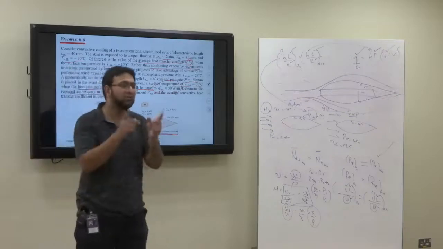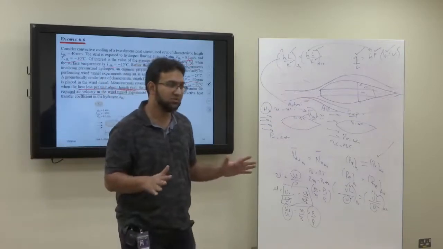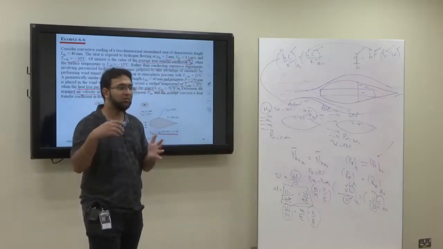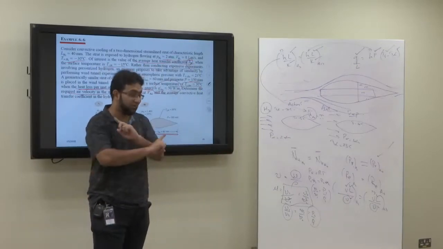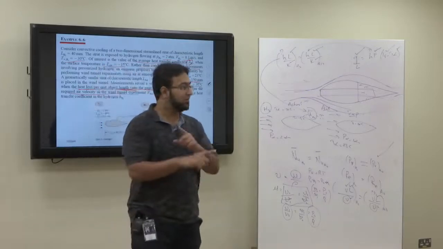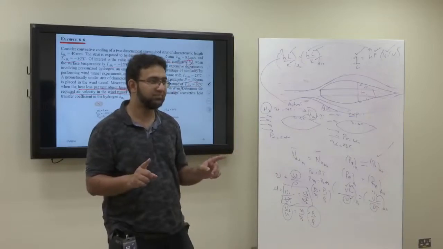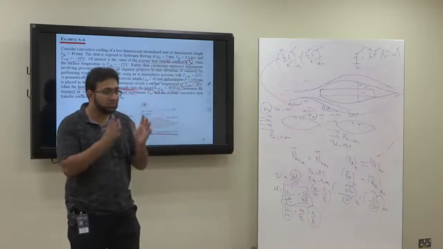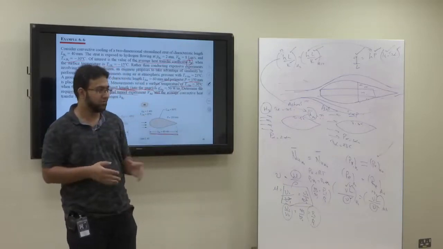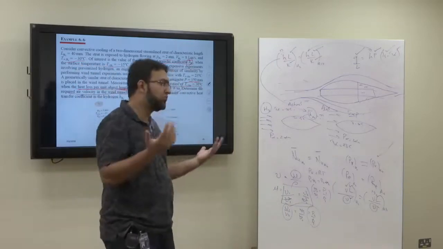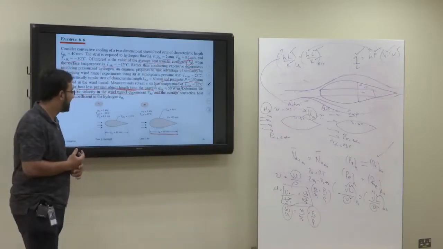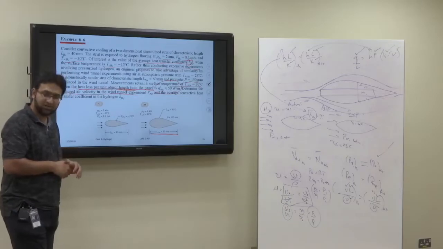Similarity is only done over dimensionless numbers. So Reynolds number will be compared with Reynolds number. Velocity will never be compared with velocity. Prandtl number will be compared with Prandtl number. Temperature will never be compared with temperature. Nusselt number will be compared with Nusselt number. H will never be compared with another H. So now you know that you have to use these. Is there anything that you do not understand?